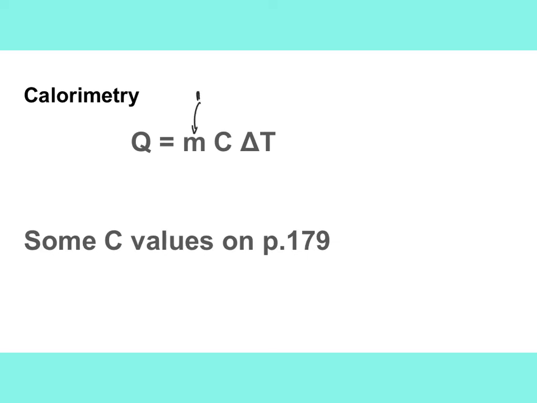M represents the mass of whatever that substance is that we're talking about. Delta T represents the change in temperature for whatever that substance is, and C represents the specific heat capacity of whatever that substance is.